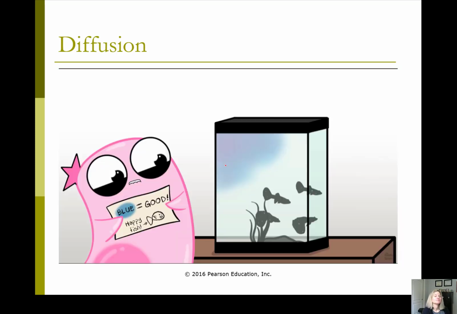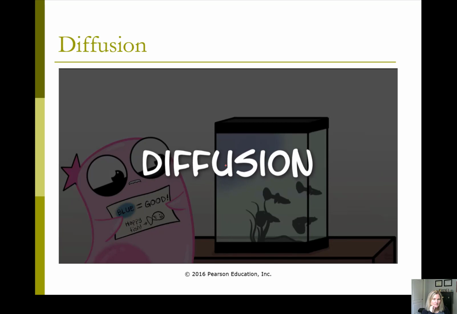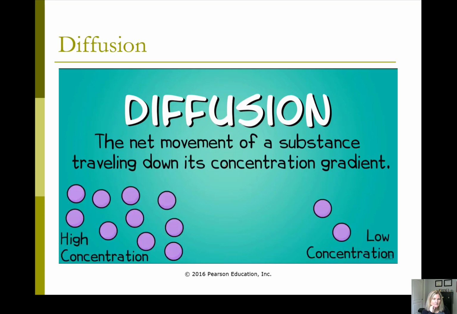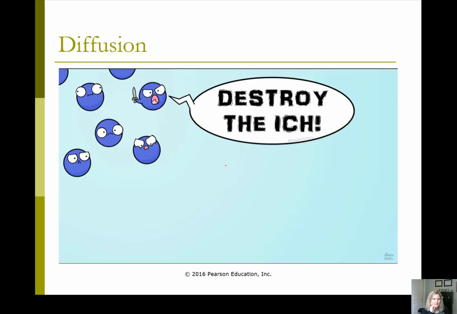But you know what I didn't know then? I didn't need them to swim over there. The blue drops would spread on their own in a process known as diffusion. Diffusion is when the net movement of a substance travels down its concentration gradient. That means it moves from a high concentration to a low concentration. When the methylene blue drops were added into the water, they didn't just sit there.